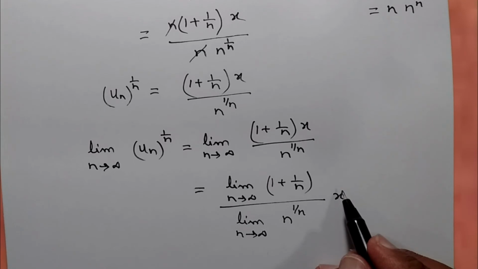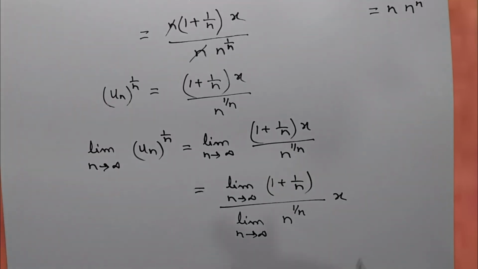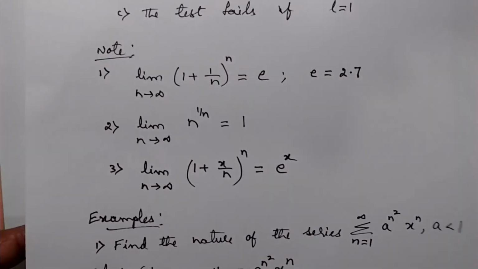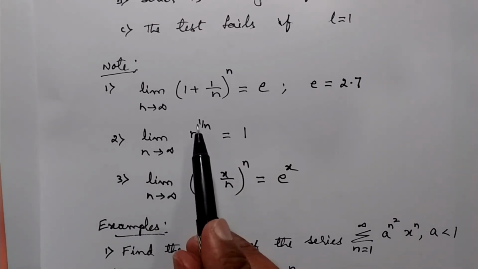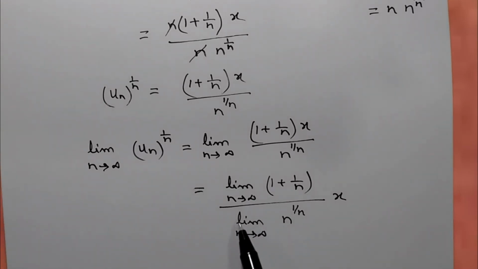Already shown you initially itself what will be the formulas for limit n power of 1 by n. So if you try to observe here, result number 2 I have shown you already. Limit as n tends to infinity, n power of 1 by n, its value will be what? Its value will be 1. So this value is already known to us.